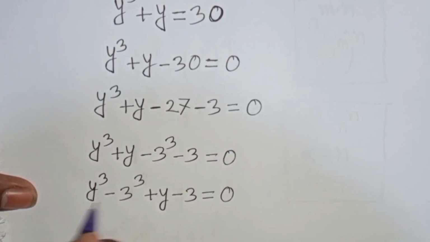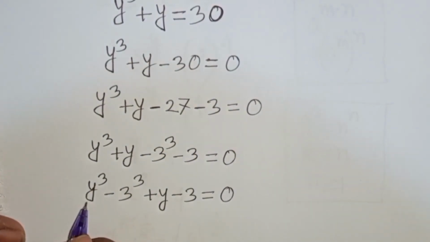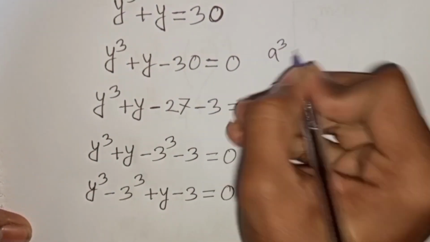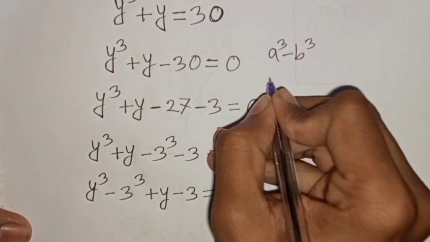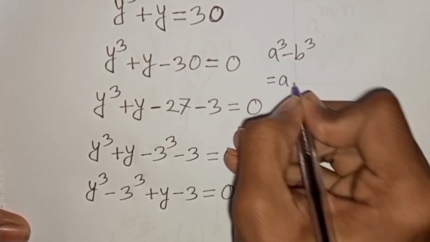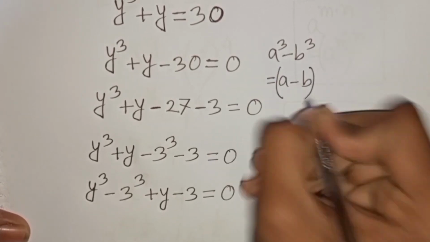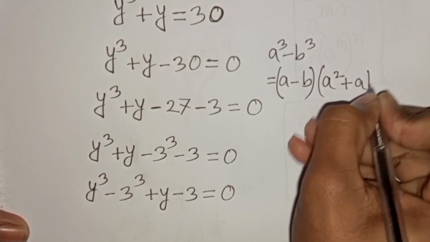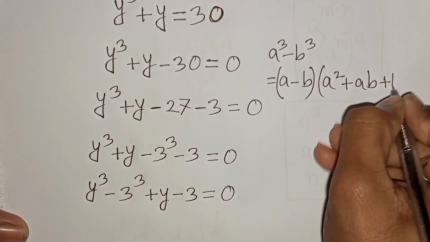Now here you can apply the formula of a cube minus b cube. Here a is y, b is 3. According to this formula, a cube minus b cube is equal to a minus b times a square plus ab plus b square.